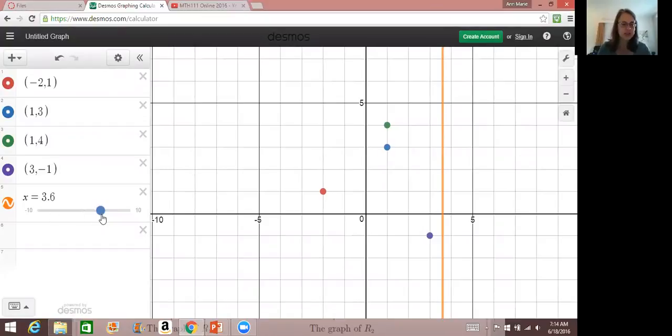All right. So if I move this vertical line around, you can see that I'm scooting my vertical line. What I'm looking for is whether this vertical line ever hits more than one point in the x's that are included in the set or in the function. We're going to give that set a special name in a minute.